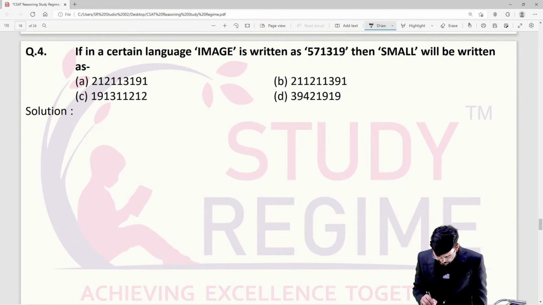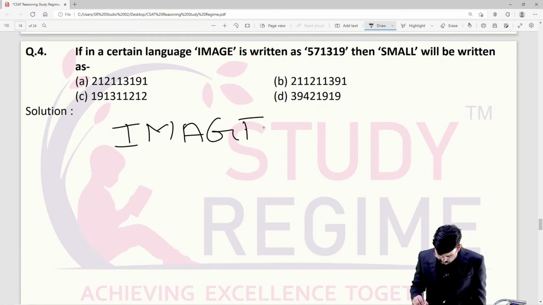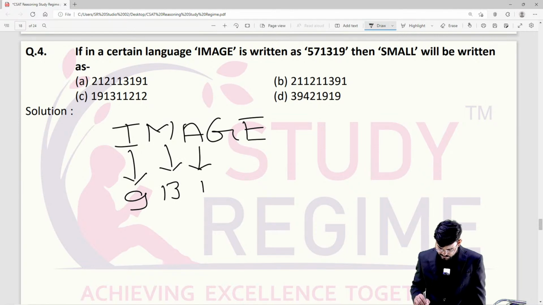Now, image is written as what? I is coded as 9, M is coded as 13, A is coded as 1, G is coded as 7, E is coded as 5.